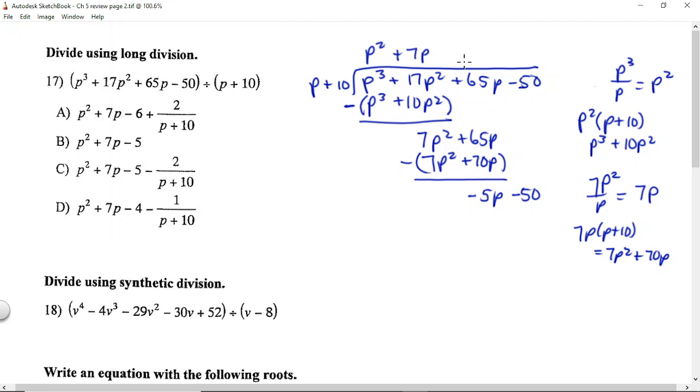Okay, so now we take the negative 5P divided by P. Negative 5P divided by P, and of course that's negative 5, so that goes up here.